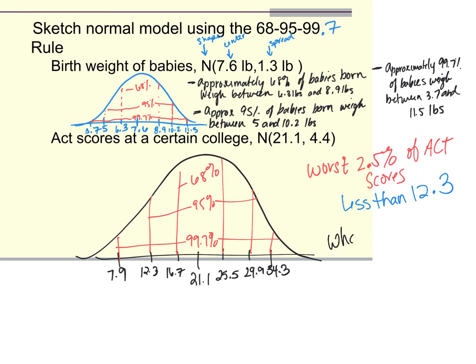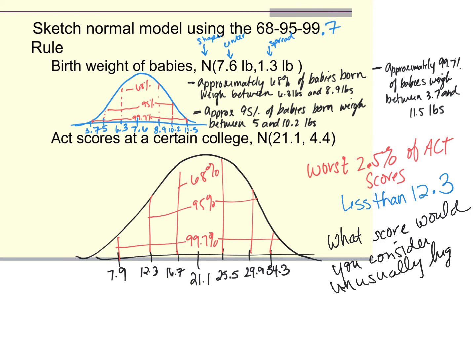What score would you consider unusually high? Okay, so most of you are saying 34.3 is definitely unusually high, but isn't 2 standard deviations still only 2.5% of the time?